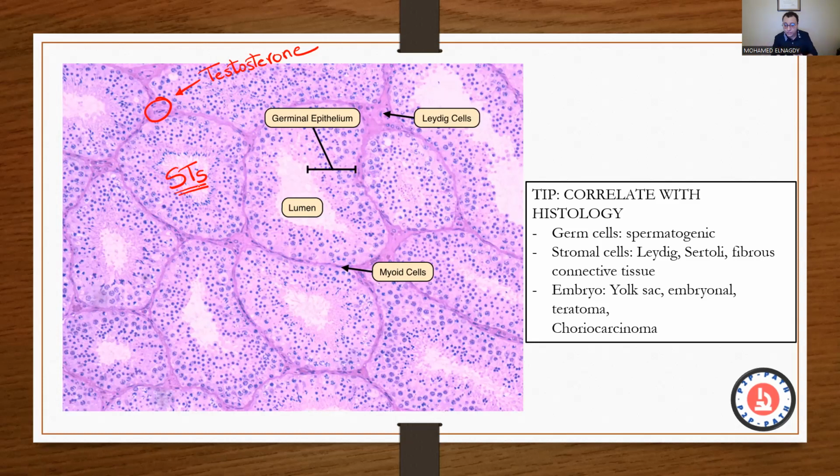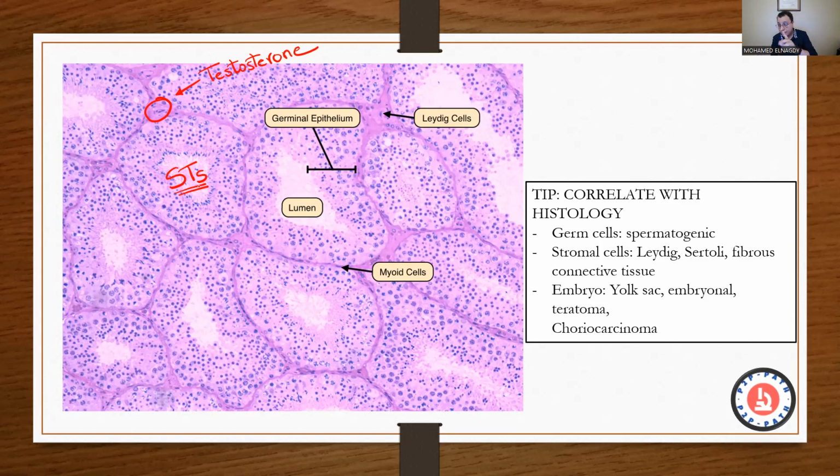And we have the Sertoli cells, which are the servants, the housekeepers for the spermatogenic cells. It adjusts the environment inside the seminiferous tubule for proper spermatogenesis.